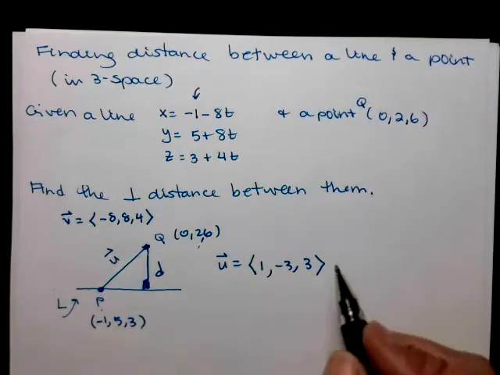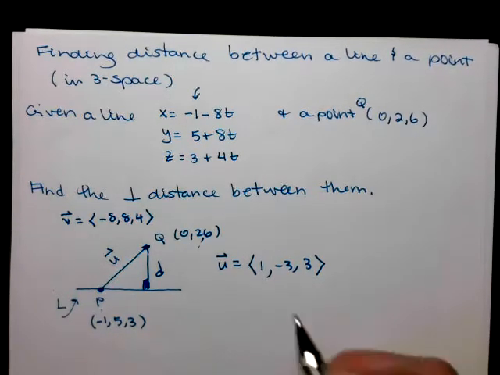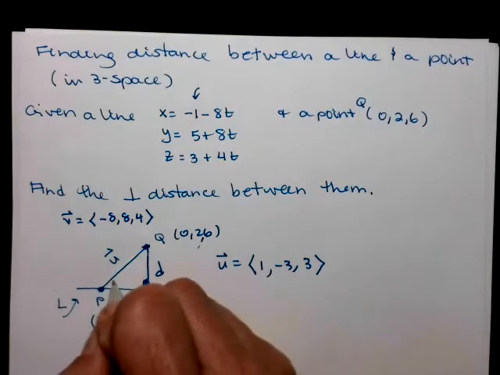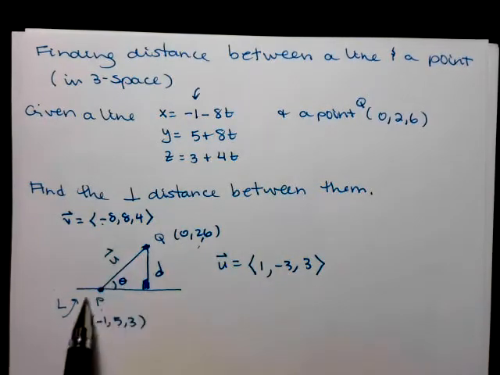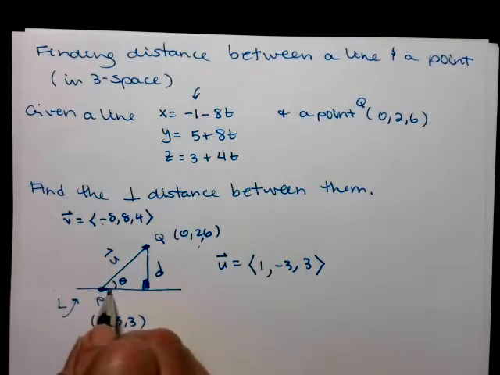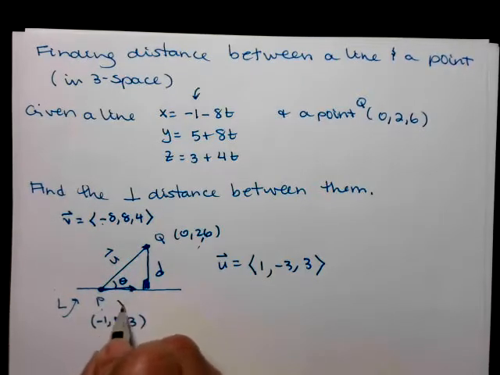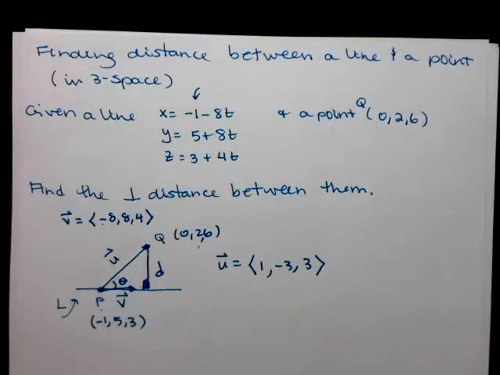And so I could find the length of vector U if I wanted. Well, here's my theta. V is the direction of my line, so I could have a vector V down here. And I don't know about you, but I'm seeing some right triangle trig screaming out at me.